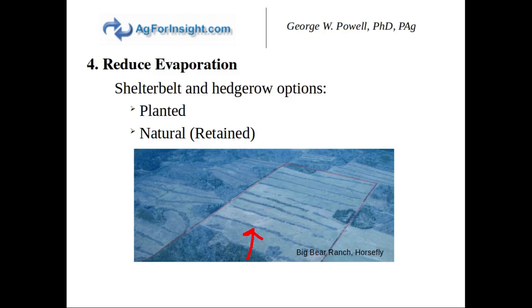And this created two net benefits to the farm. One was lowered field development costs because they didn't have to completely clear the field, and they had zero cost in establishing their shelter belts. So it doesn't always have to be a cost outlay. It can be a cost saving in terms of creating shelter belts and hedgerows.